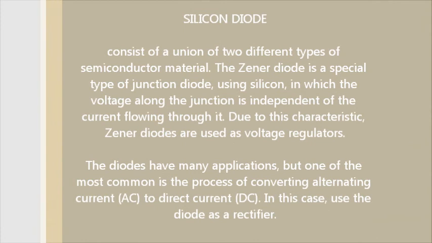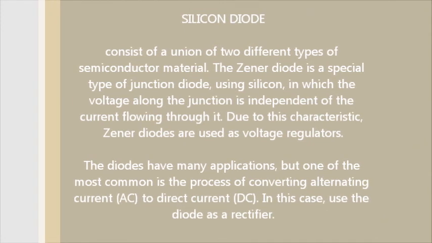Silicon diode. Junction diodes consist of a union of two different types of semiconductor materials. The Zener diode is a special type of junction diode used in silicon, in which the voltage along the junction is independent of the current flowing through it.